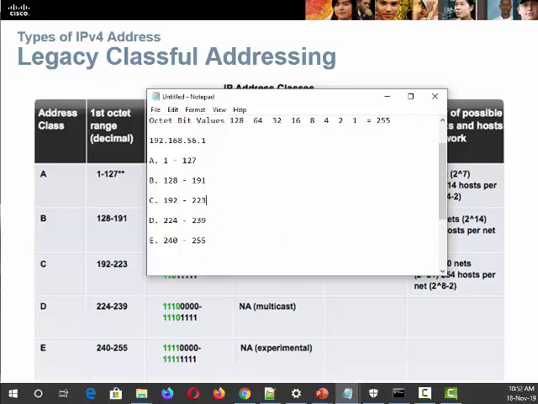Class D is for multicast, while class E is for research and experimental. Those are used by some special. Class E is for? Class E is for research and experimental.